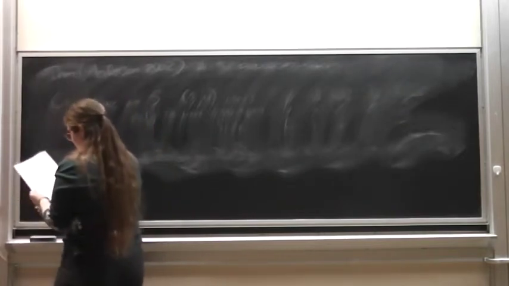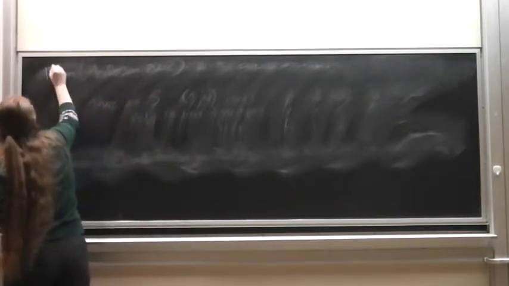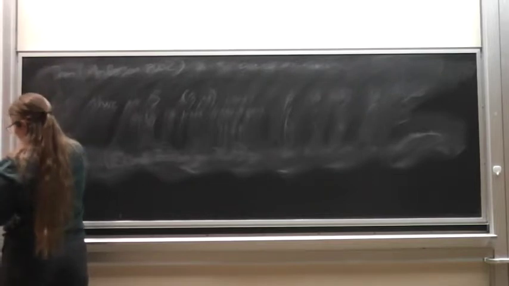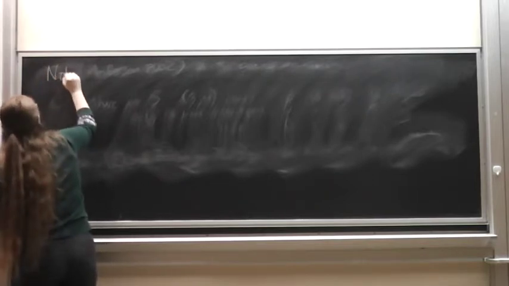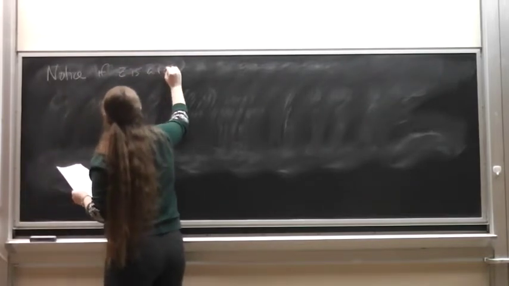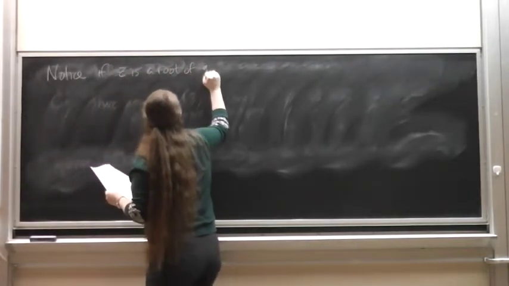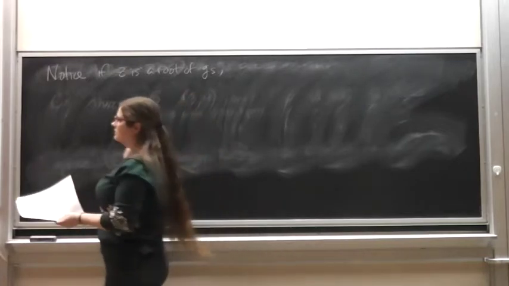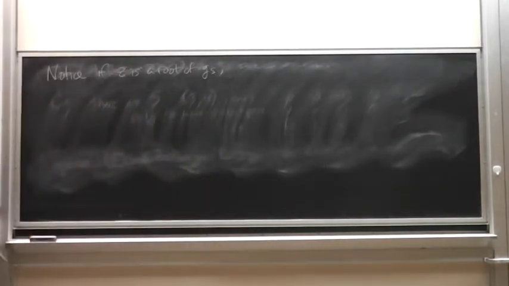Okay, so first notice that here, if Z is a root of GS, the only way I can get 0 is if these two things cancel out, which means their moduli must be the same.